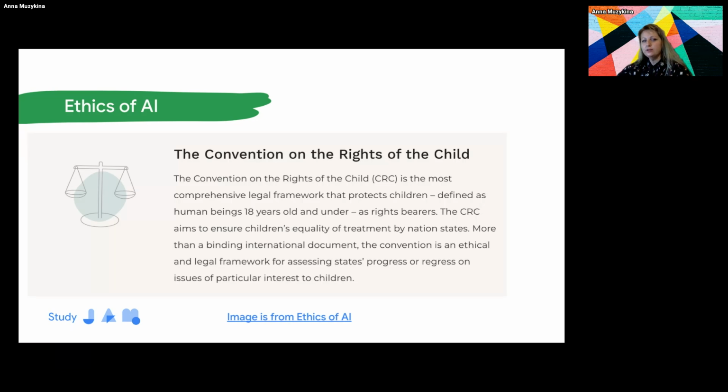Now let's talk about something incredibly important, and that's how AI is affecting our children. It's easy to overlook, but AI is woven into their lives in so many ways. Think about it. Kids are growing up with algorithms recommending videos, smart toys that interact with them, and social media filters that change their appearance.